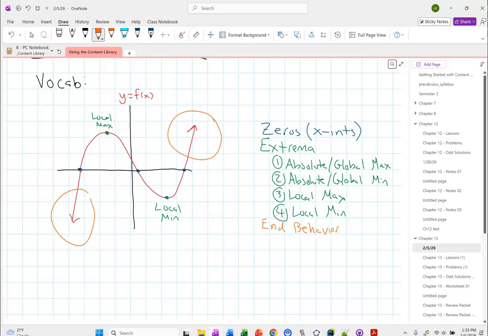So we'll have an end behavior to describe each of these 2 arrows. Everybody feel good about that? We'll talk about how we're going to write that end behavior in a minute. This arrow is on the left-hand side, and it's pointing down, right? And this arrow over here is on the right side, and this one points up.